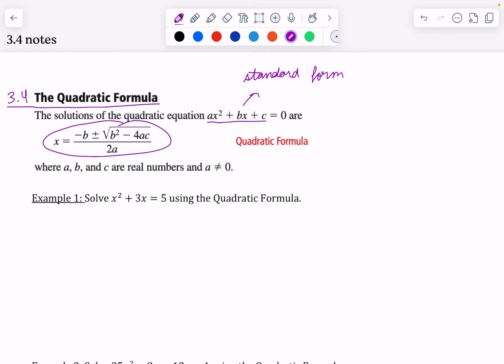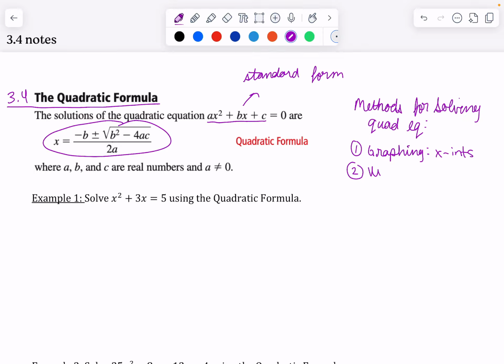Very quickly, just remember the methods for solving quadratic equations that we have learned so far. The first is graphing, where you want to identify the x-intercepts, and those are your solutions. The second was using square roots, which was just isolating the variable x.